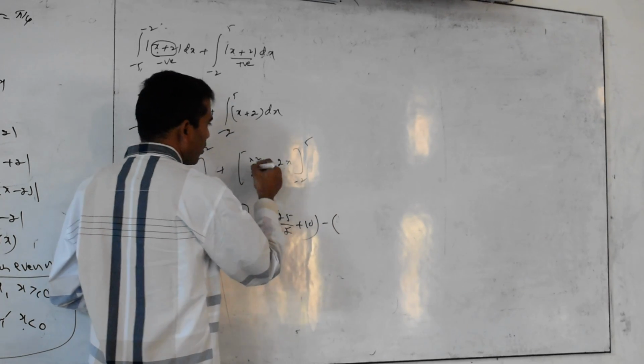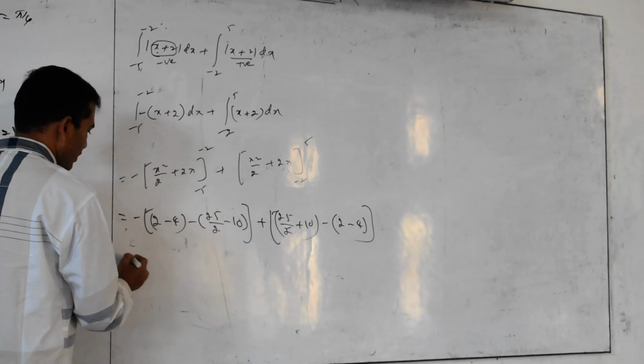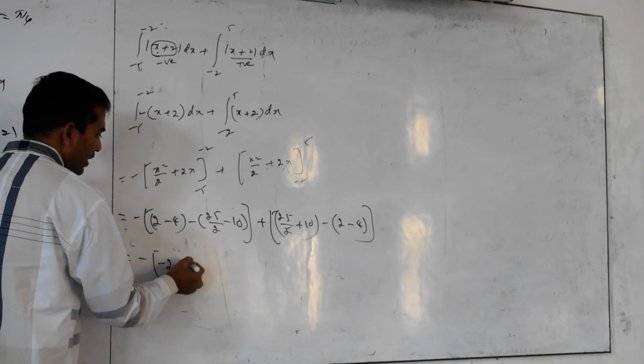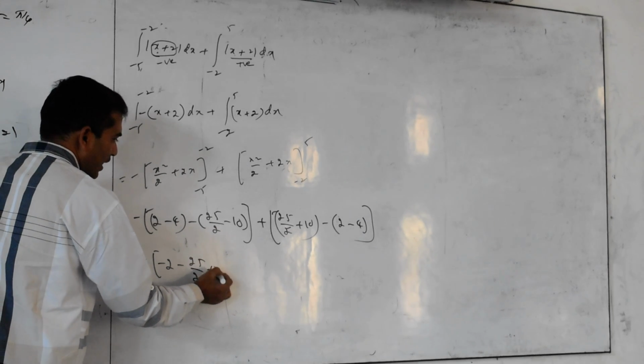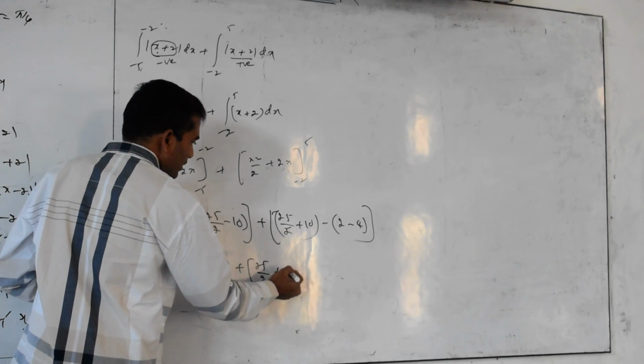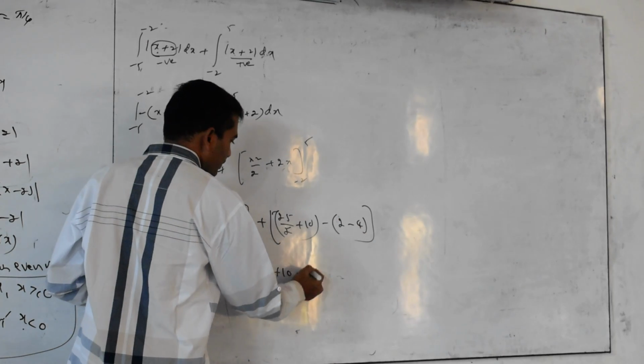Lower limit 4 by 2 is 2, minus 4. Minus 2 minus 4 is minus 2. Minus 25 by 2 plus 10, plus 25 by 2 plus 10, and 2 minus 4 minus 2 plus 2.